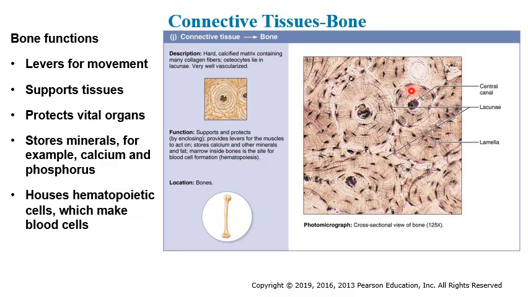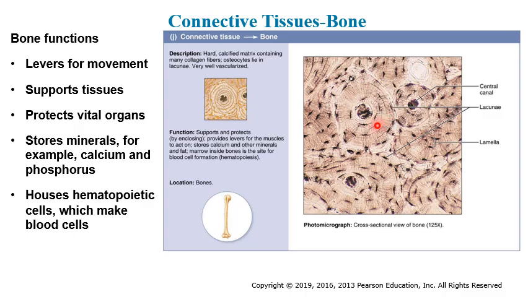Okay, so layers, they are lamella, and between the layers, you're going to have those little lakes that you call the lacuna. Inside the lacuna is where you're going to find your resident cells. And inside the central canal, you're going to have blood vessels and nerves that will go through, as we're going to see later with the bones.